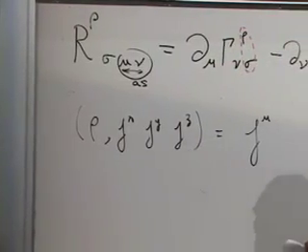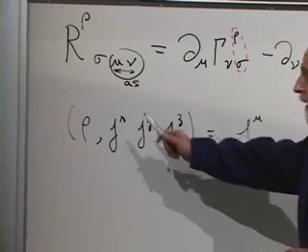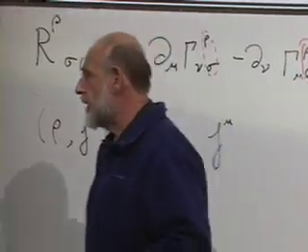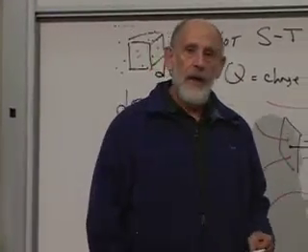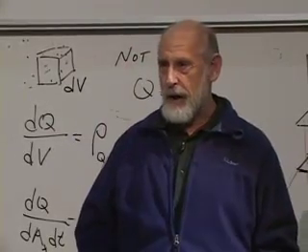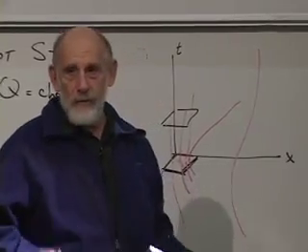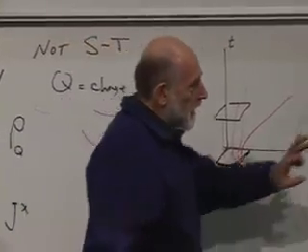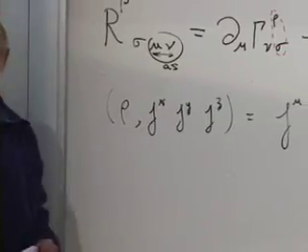In other words, the charge density becomes the time component of a 4-vector. The other 3 components are characterized by the direction of the flow of charge. And if charges are just sitting still, it's as though they're moving in time, if you like. A thing which is sitting still is still moving through space-time, and it's passing through these windows in space-time. And so rho together with J form a 4-vector of current.